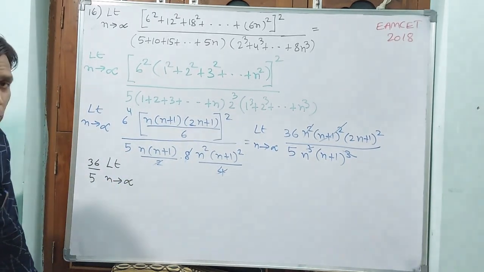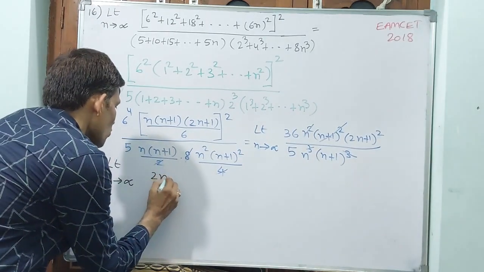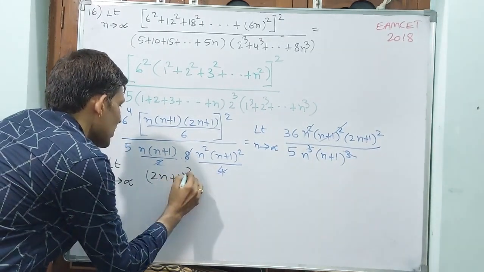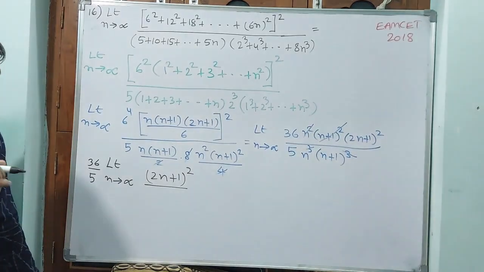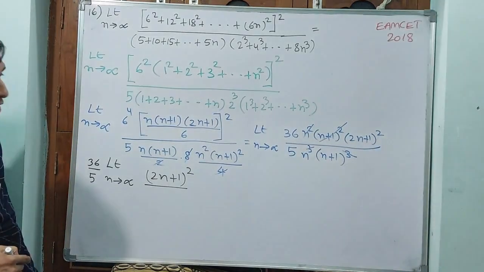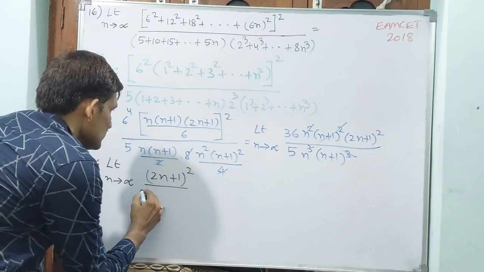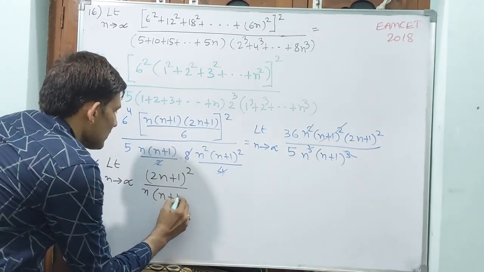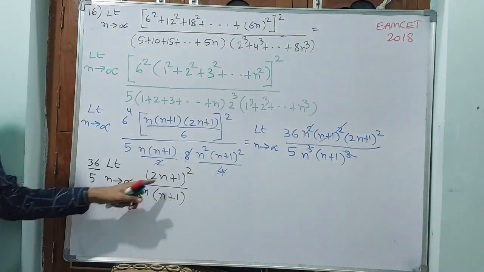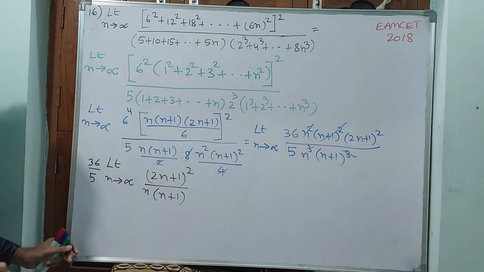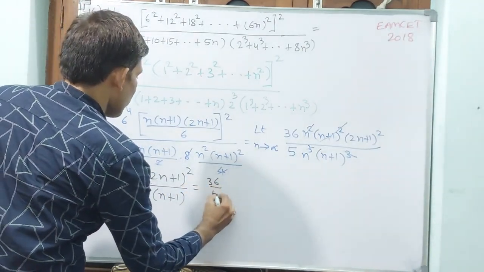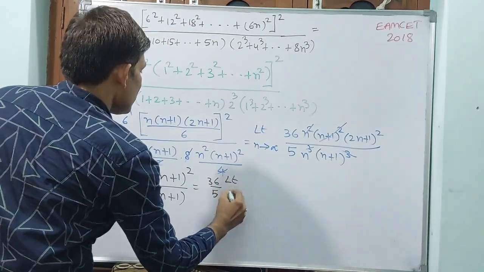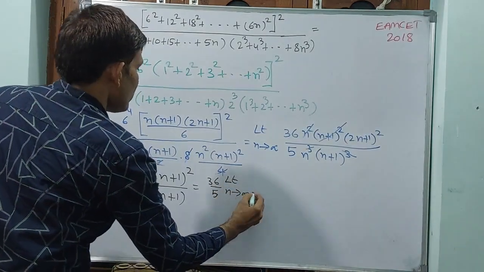Now numerator only 2n plus 1 whole square, divided by denominator. Observe carefully, n is there. N into n plus 1. N into n plus 1. See, here also n square, here also n square, you have to take common, that's all. Let us take common. 36 by 5 limit n tends to infinity.